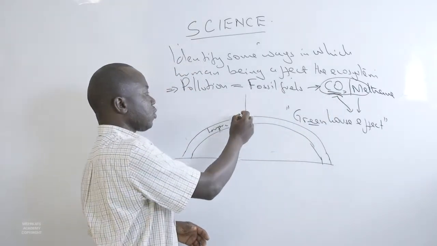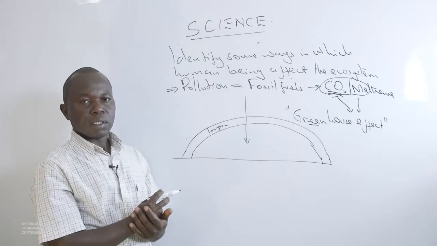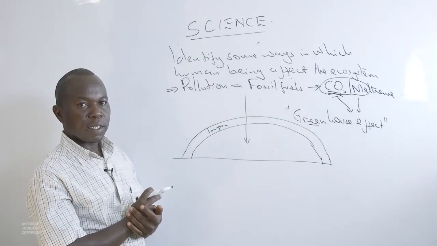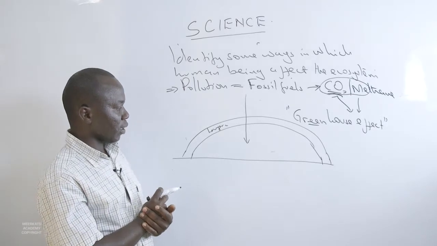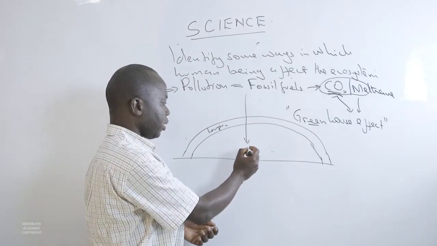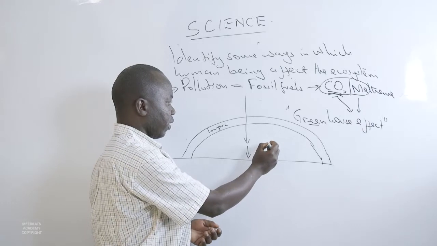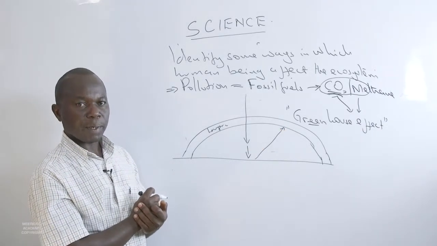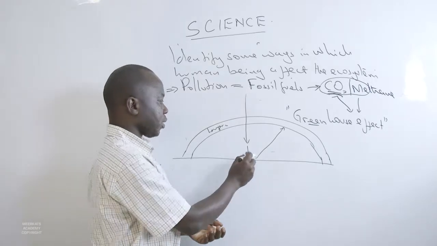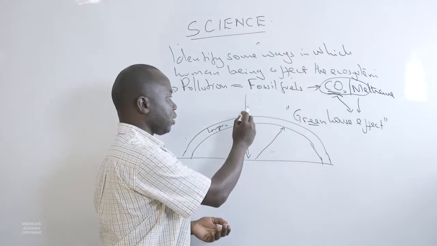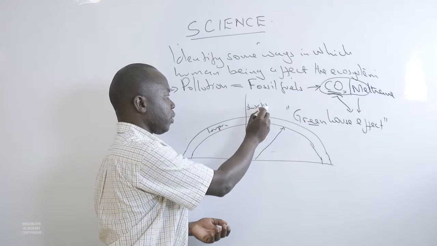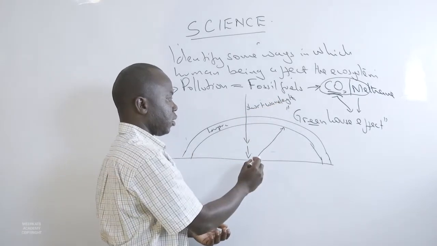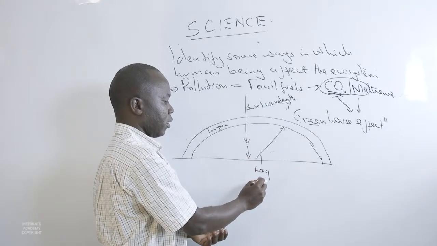It is going to allow sun rays to pass through in the form of short wavelength. But when it hits the ground, it is reflected. When it's reflected, it has lost some energy, so in the process it is a long wavelength. This is short wavelength, and then this is a long wavelength.